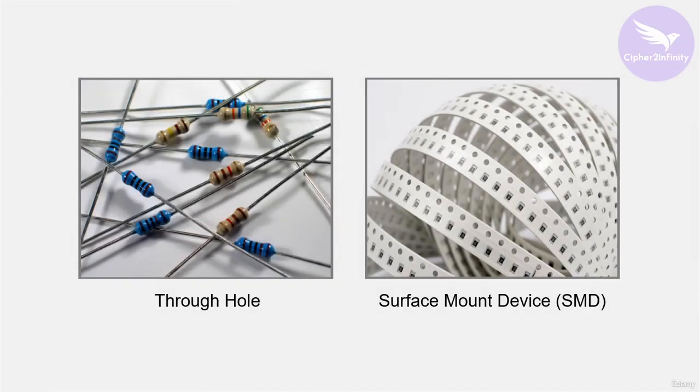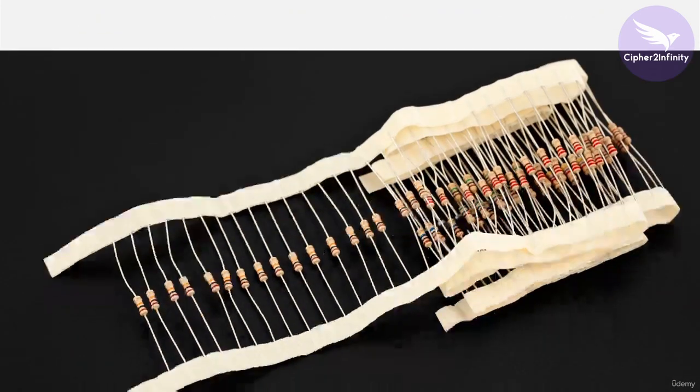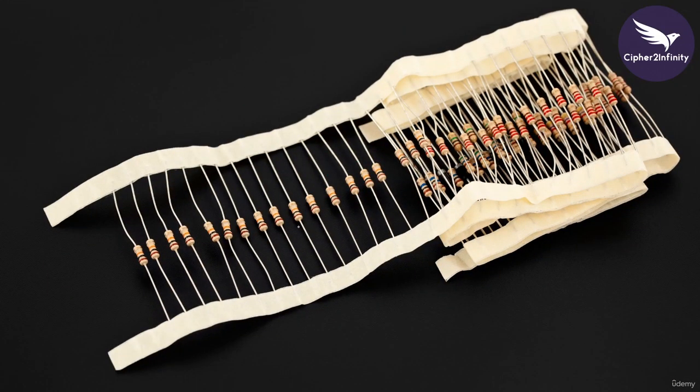Now let me talk about the packaging, or the way you will receive the resistors when you order them. This is how you are going to receive the through-hole resistors when you order them, or if you go to a local shop and want to purchase through-hole resistors, this is how the vendor is going to provide them.